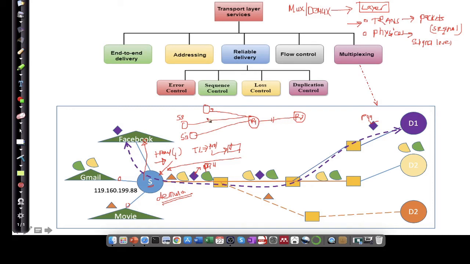If we consider the signal level, S1 will generate one signal, say this type of signal, and similar identical signals will be produced by S2 and also by S3. That means all three sources will produce signals of similar pattern. Now this router has to accumulate all three signals and pass them through.